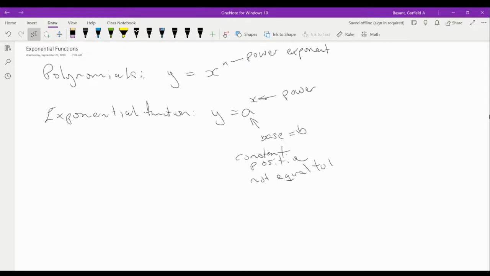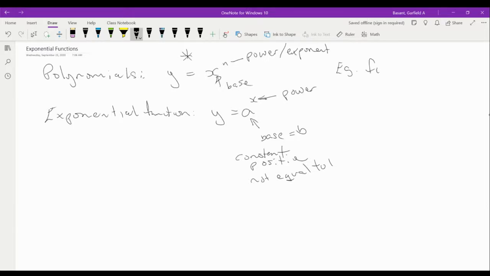If you look at a polynomial function we have here at the very top, the format of a polynomial function is when the base is a variable and our exponent or the power is a number. So that's the format of our polynomial function.